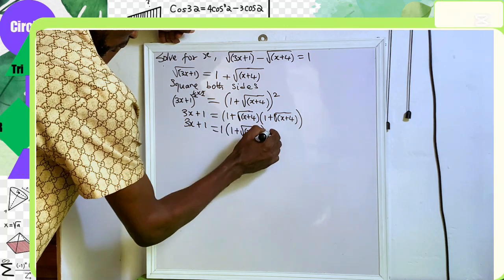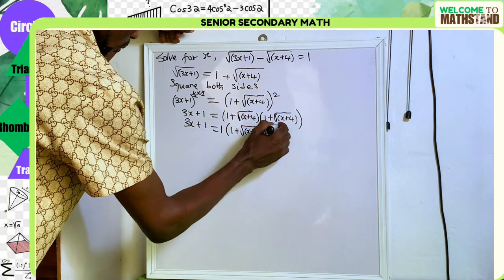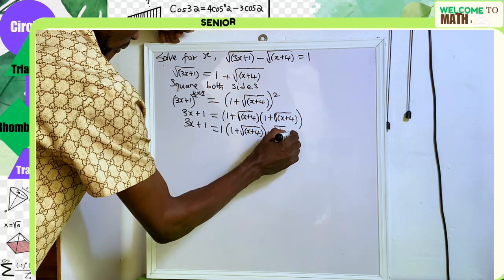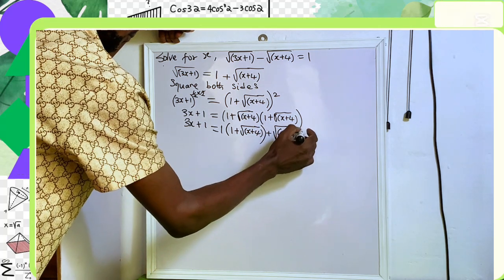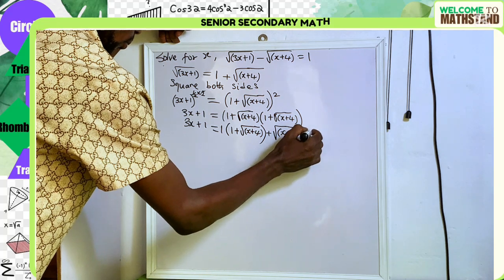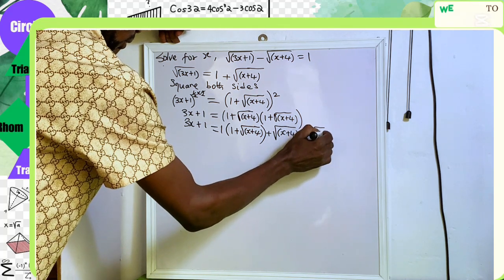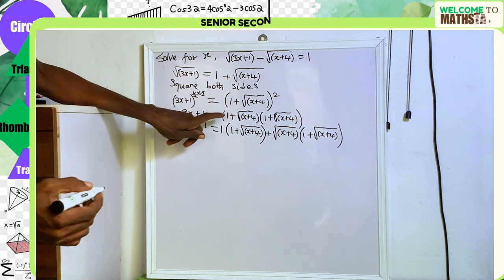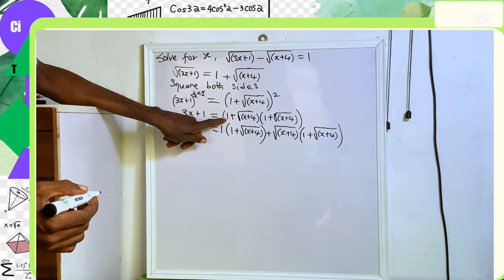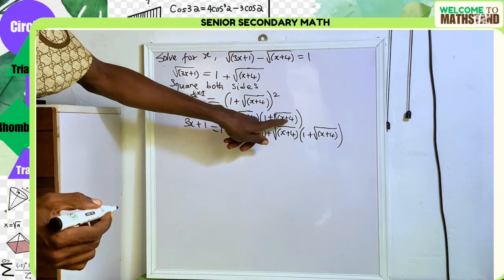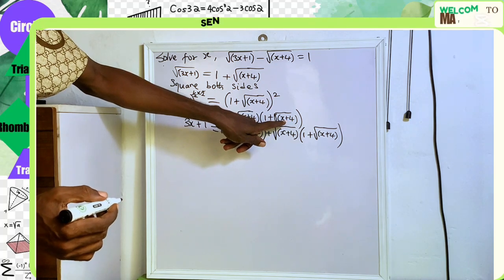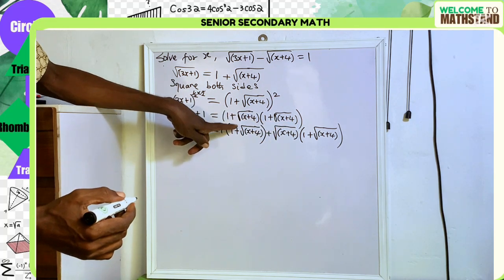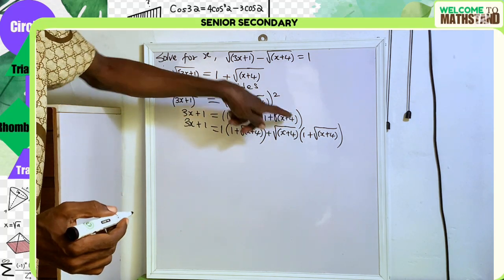So we have this is plus square root of x plus 4. Then multiply 1 plus 4. I hope you are following. I use this one in this other bracket to multiply everything in this other bracket. Then the same thing, I use this other one to multiply everything in this other bracket.